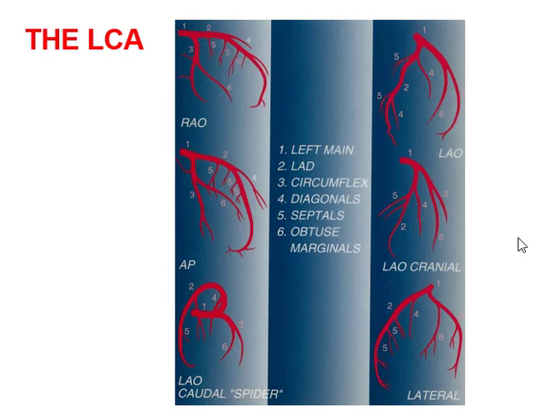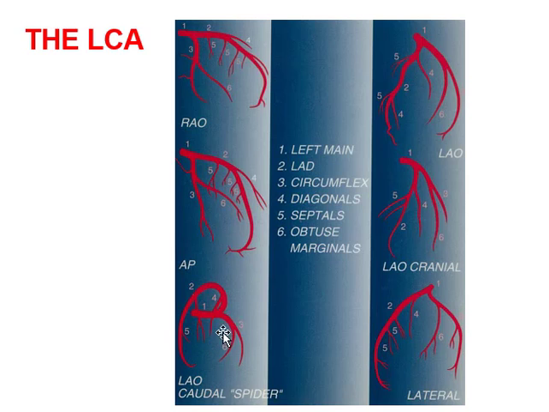Going on to the left coronary artery, you've got all these different views again. The RAO, the profile of the heart. The AP, we don't often take AP shots of the LAD. And the spider view, the LAO caudal. The reason it looks like this is that, as with the right coronary artery, the LAO caudal wasn't shown in the previous slide, but the LAO caudal views the heart from below, from underneath.